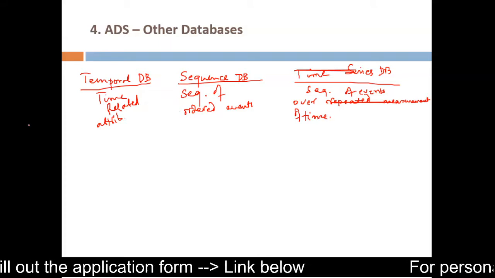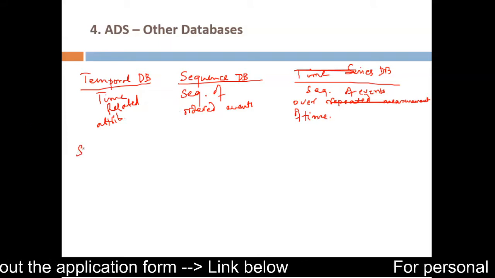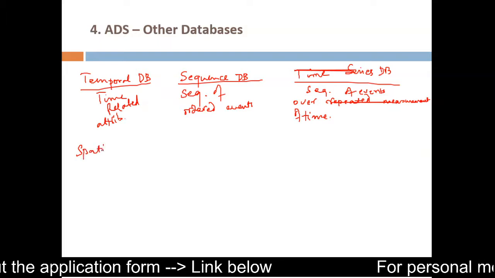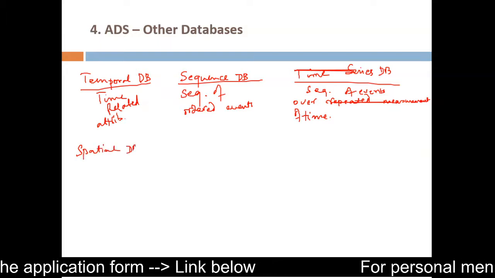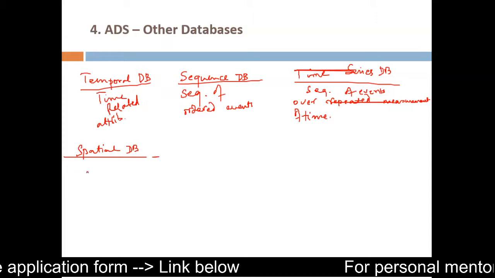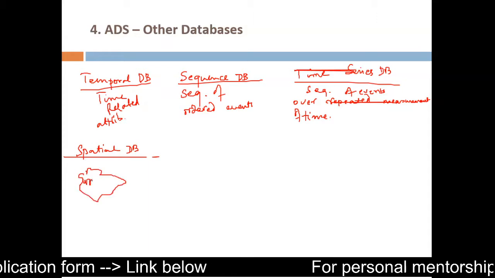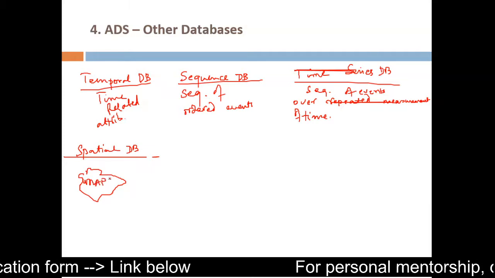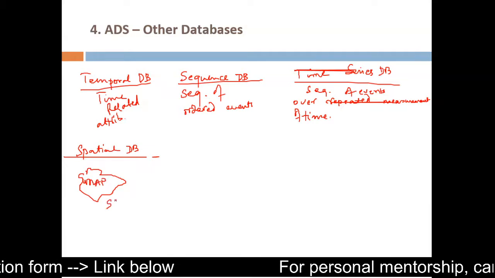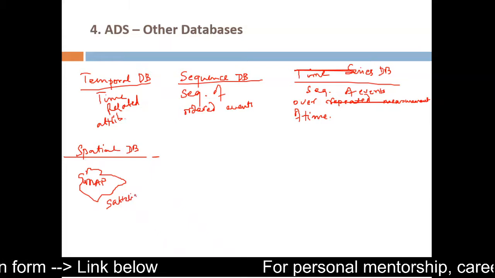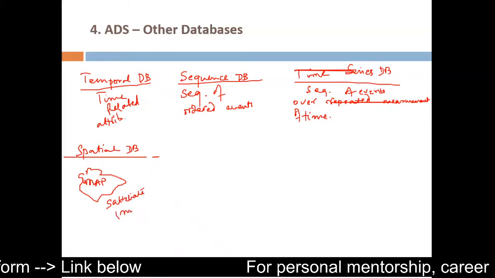Okay. There's one other kind of data repository, which is the spatial database. Here, imagine that you are looking at a geographic location. Maybe you can think of this particular map, and you are looking at, let's say, satellite images, right?